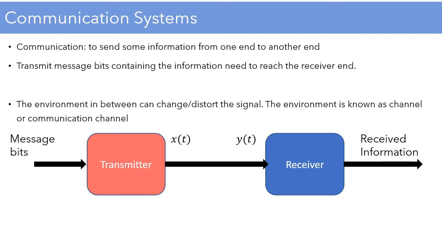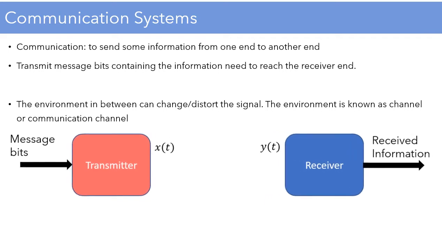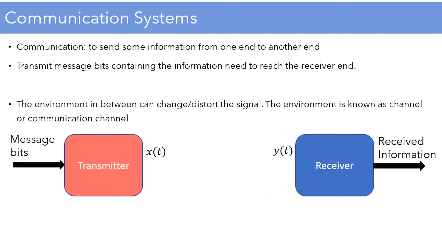Then the receiver does some processing to generate the received information. Our goal is that the received information is the same as the message bits. Then we say the communication is a success.